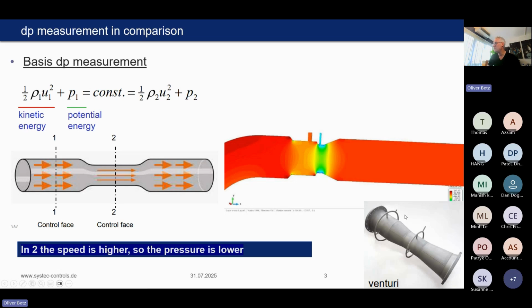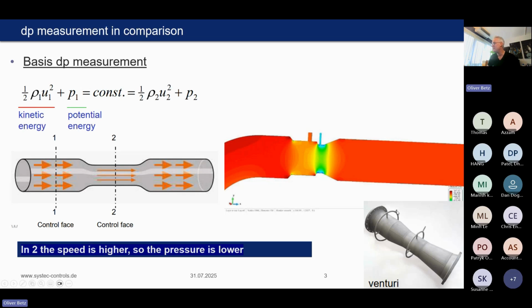So this is how a Venturi looks physically. This is a pretty big Venturi, DN400. So you have the big control phase here. You have in this case a number of tappings, and they are connected with a ring pipe.